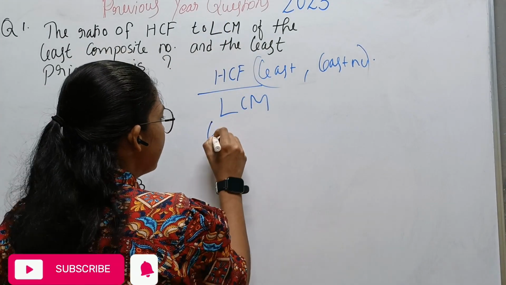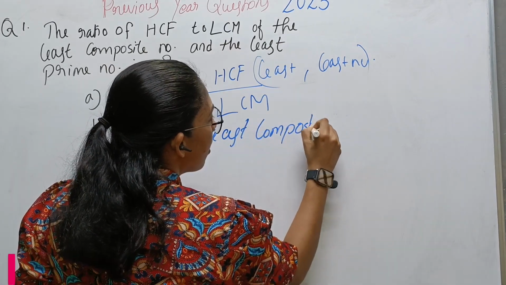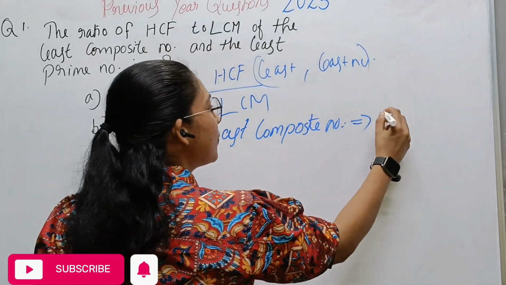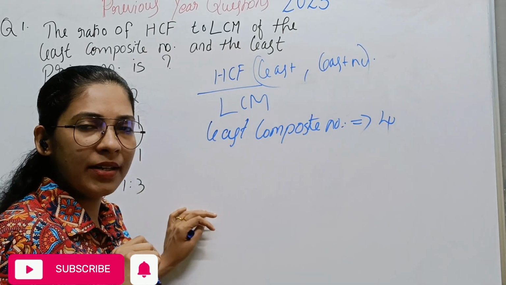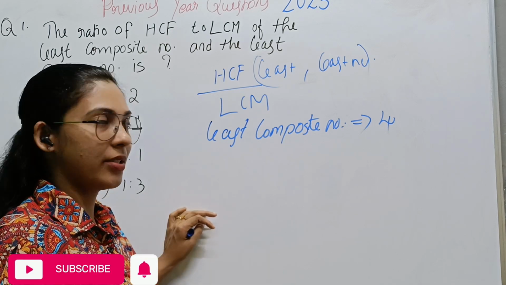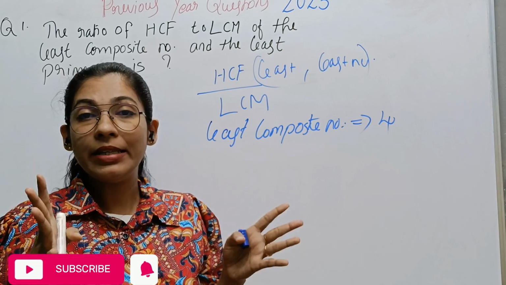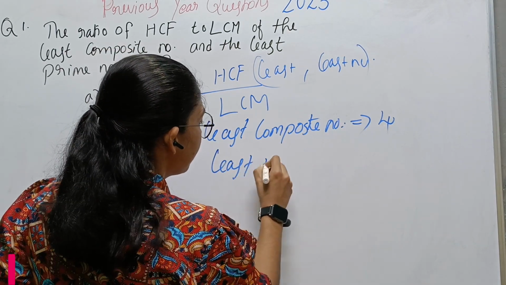So what is the least composite number? It is 4. Is 1 a prime number? No, 1 is neither prime nor composite. So what about 2? 2 is the least prime number.